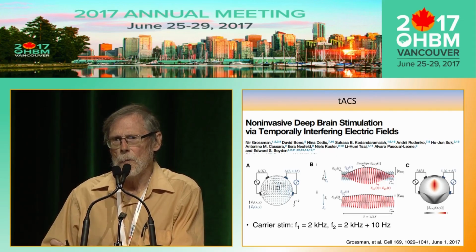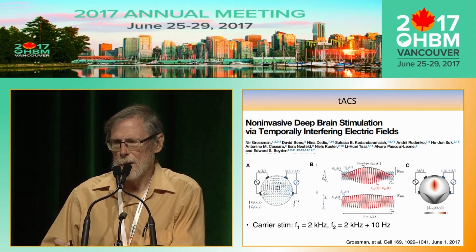But they used one condition in which the frequencies were almost the same and only differed by about 10 hertz. What you see in the middle plot at the top is that when the 2 currents are at 2 kilohertz and 2.01 kilohertz, you see a 10 hertz envelope of temporal interference between the 2 when the currents are comparable. And the plot below it shows what happens when one of them is very weak compared to the other.